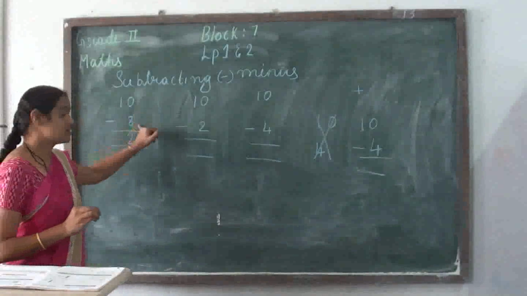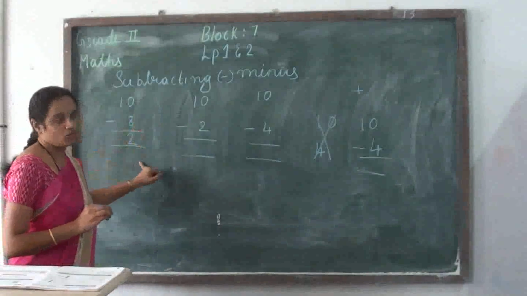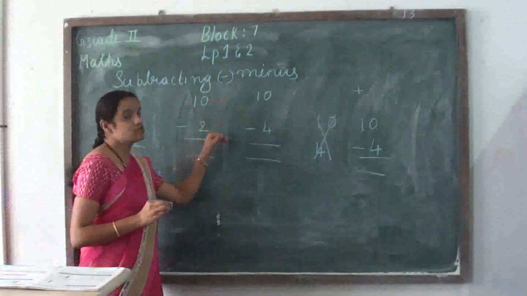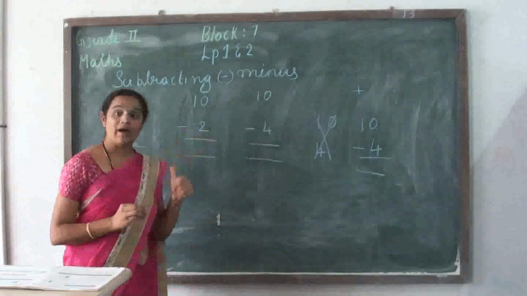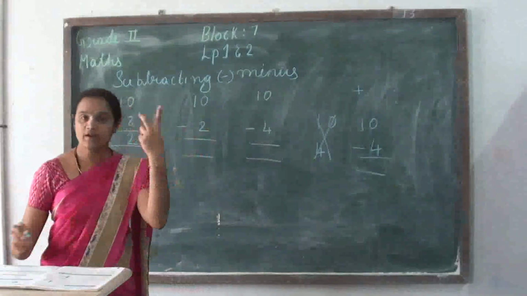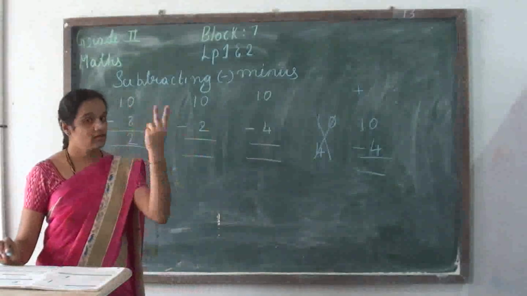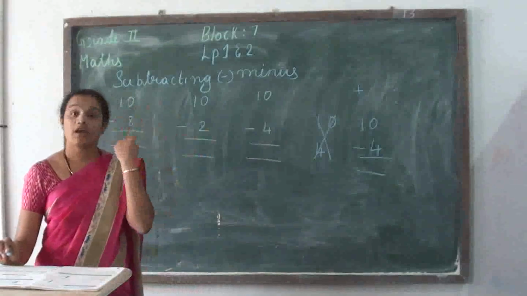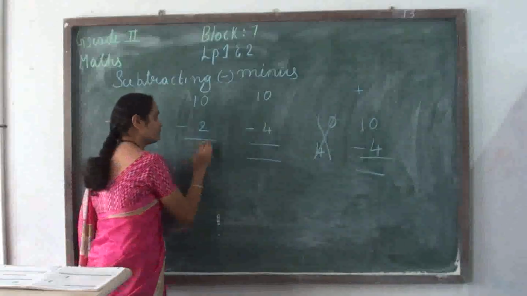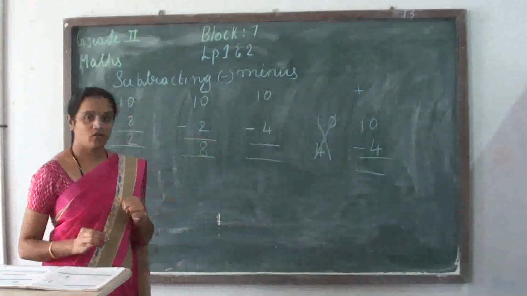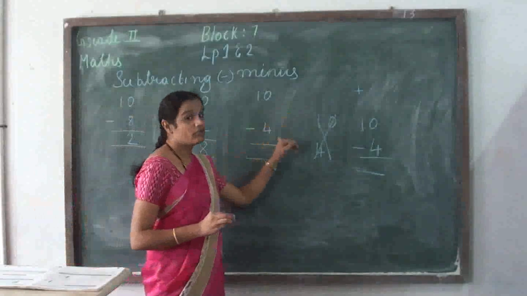Understood? 10 minus 8 is 2. Here also come 10 minus 2. You have to go back. 10 in the mind, 2 in the fingers. 10 back, 9, 8. So what is the answer? 8.